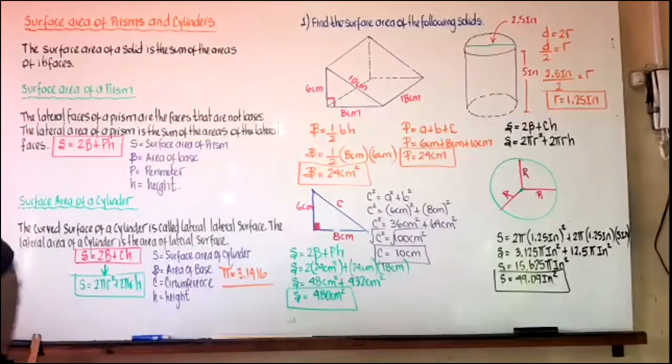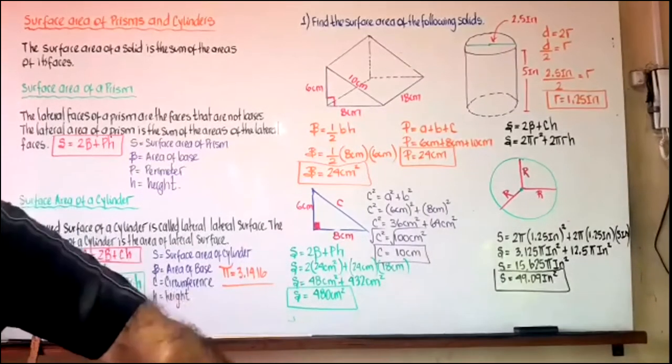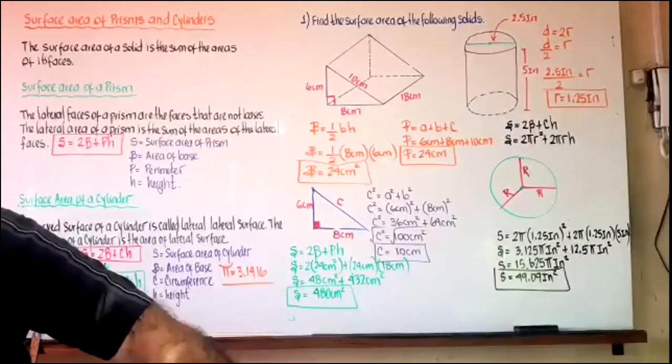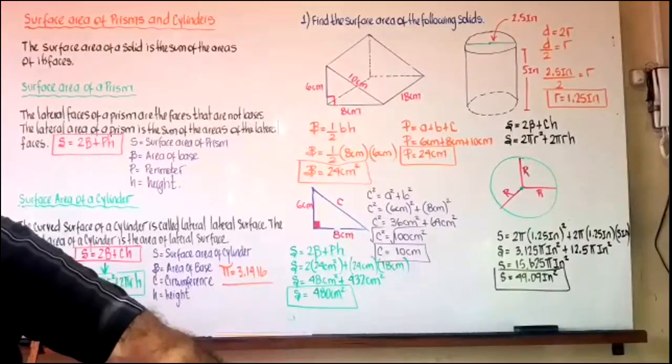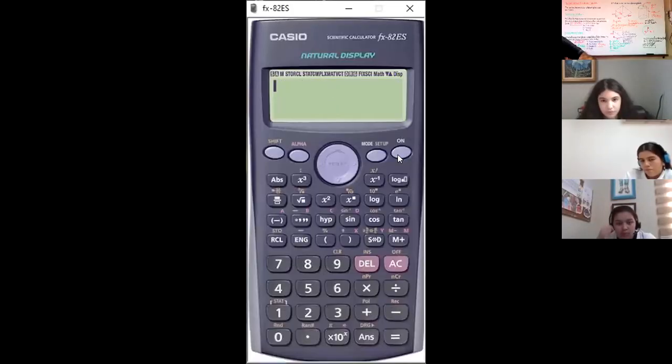A simple way. Now, if you want to use the calculator, let me show you once again. If you really want to apply that formula, you can do it also, just like this: 2, shift, pi, open parentheses, 1.25, close parenthesis, second power.